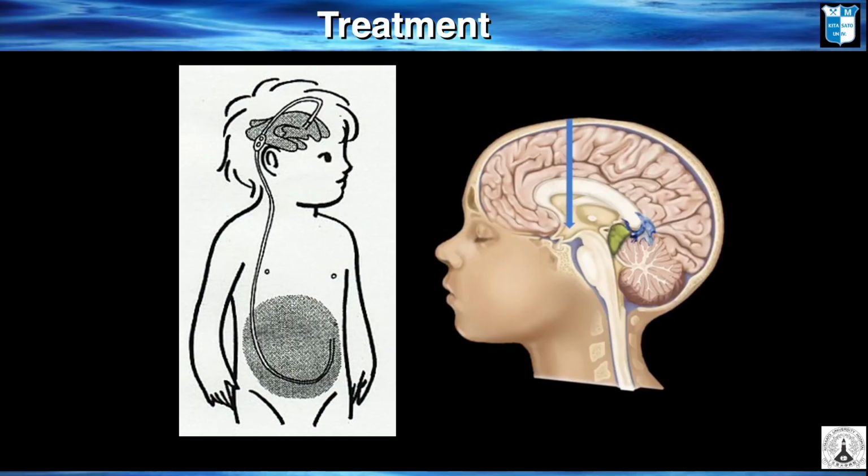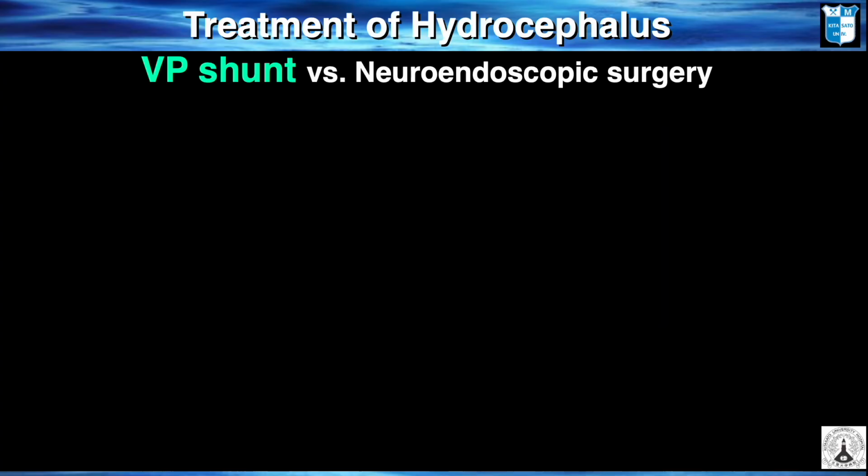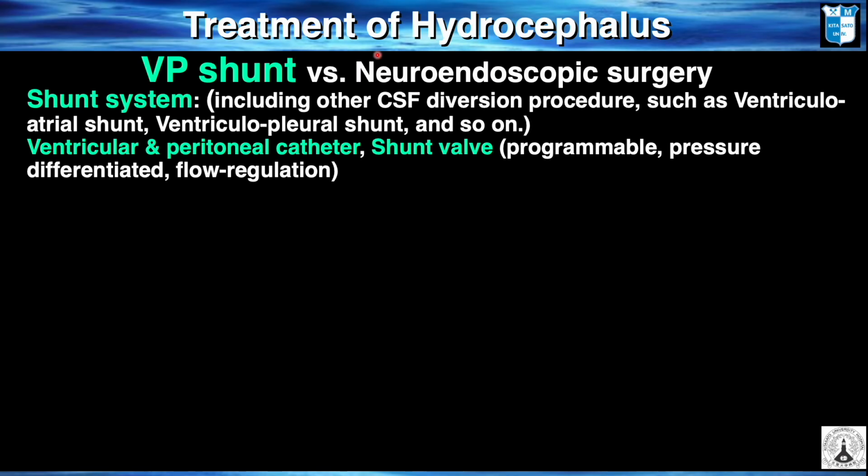The treatment of hydrocephalus. There are two major procedures: the VP shunt or neuroendoscopic surgery. And the shunt system, including CSF diversion procedures such as VA shunt or VP shunt, VP this time is the ventricular-peritoneal shunt, and so on. The ventricular and peritoneal catheter, shunt valve.